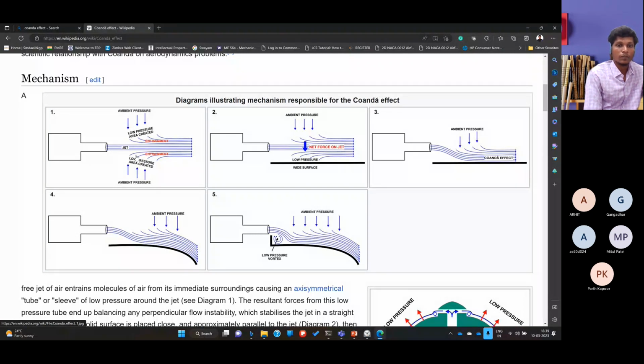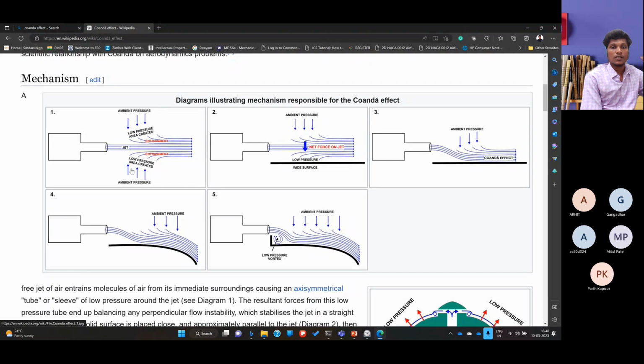Did you sense that before? No, sir. You can try once: if you release that air and place your finger near that jet, you can see a low temperature. You can see the temperature difference, not pressure. That depends on the velocity of the fluid also. If the velocity is so high, then only you can sense it.